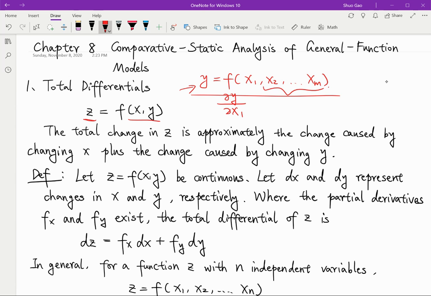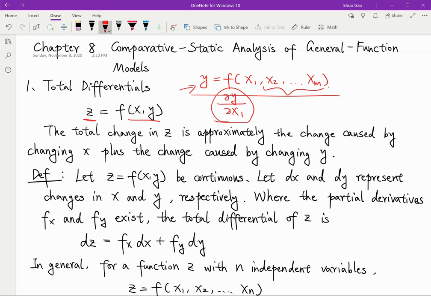The total change in z is approximately the change caused by changing x plus the change caused by changing y. As I said, for partial differentials, we only focus on the partial change of y because of only one variable, and all the other variables stay the same.